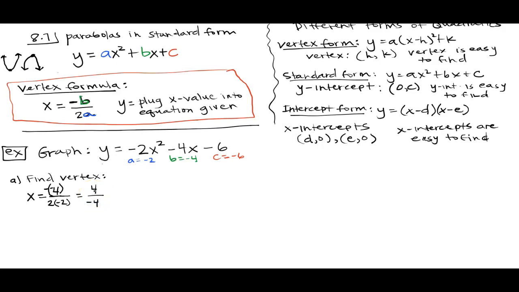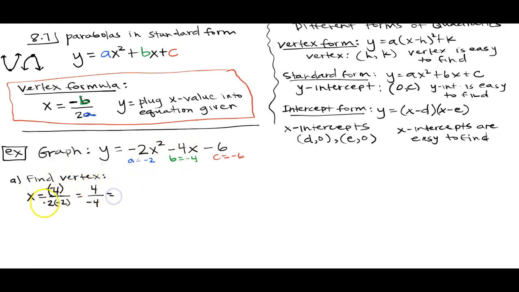So you'll always be just changing the sign. That's all you have to do with that b value. Yep. So if it started off as plus 4x, then we'd write it down as negative 4. But since it started off as a negative 4, we'll write it down as a positive.